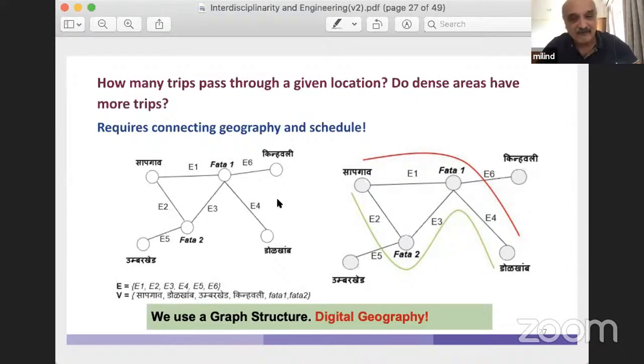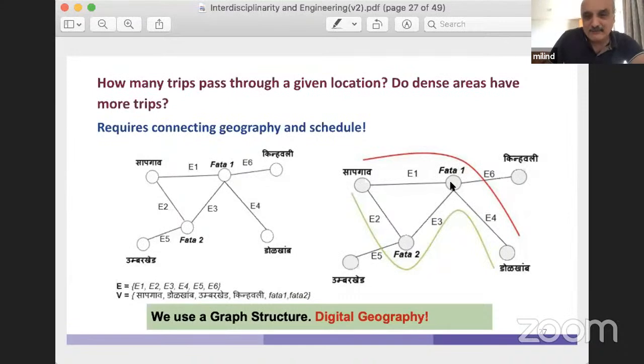Basically it's a graph representation of the geometry, and then a route just becomes a path in this graph. For example, one route is Sabgaon, Fata 2, Fata 1, Dolkham. Another is Sabgaon, Fata 1, Dolkham. So at Fata 1, there are two routes and two trips coming in. This digital geography is a very important substratum.